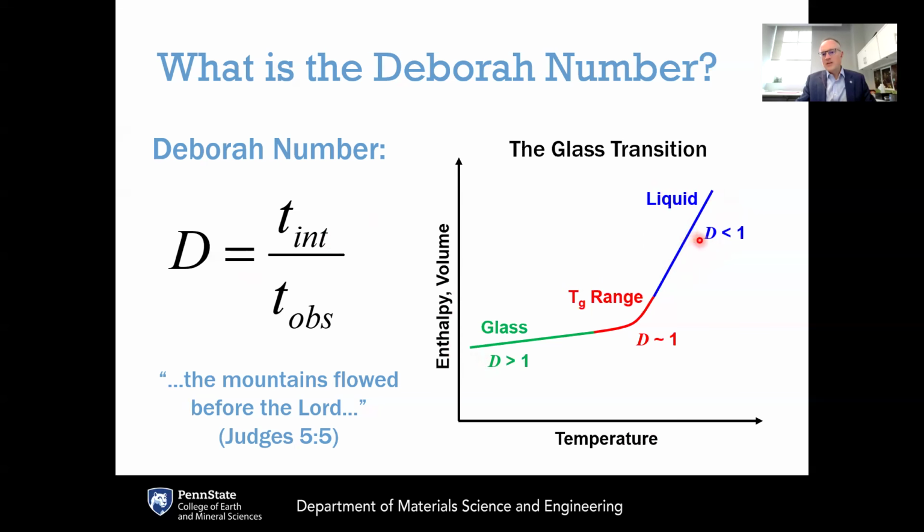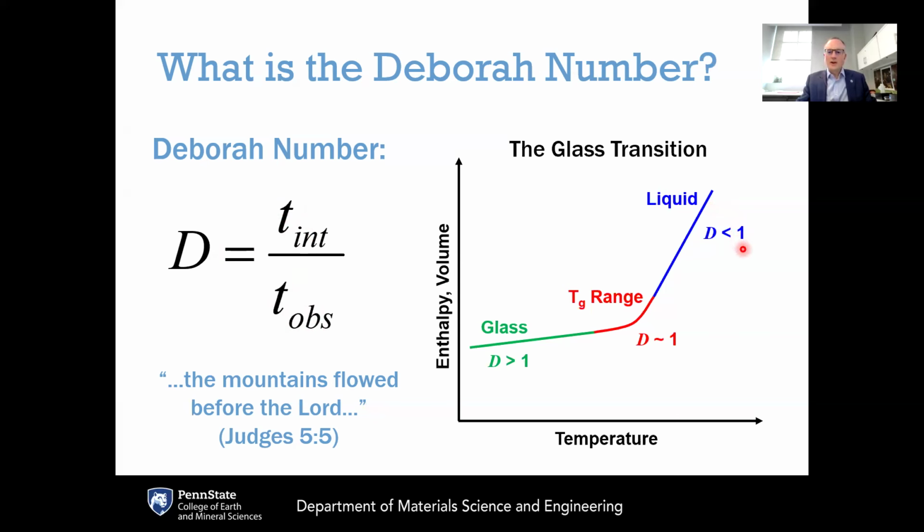And if we start in the equilibrium liquid state at high temperatures, the liquid is flowing relatively fast compared to our time scale. If the liquid is flowing fast, that means that it only takes a small amount of time for the liquid to flow compared to the observation time. So we have a small number divided by a large number, which means that the Deborah number for the liquid is less than 1, or in other words, less than unity.